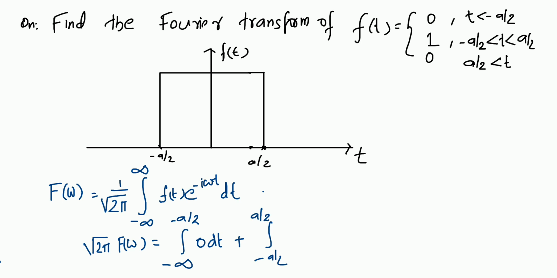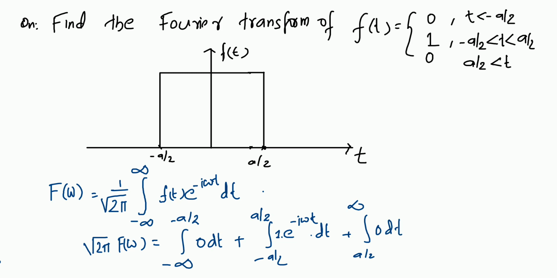So f of t is 1 multiplied by e raised to minus i omega t dt, plus, again from a by 2 to infinity we have 0. The value of the function is 0.